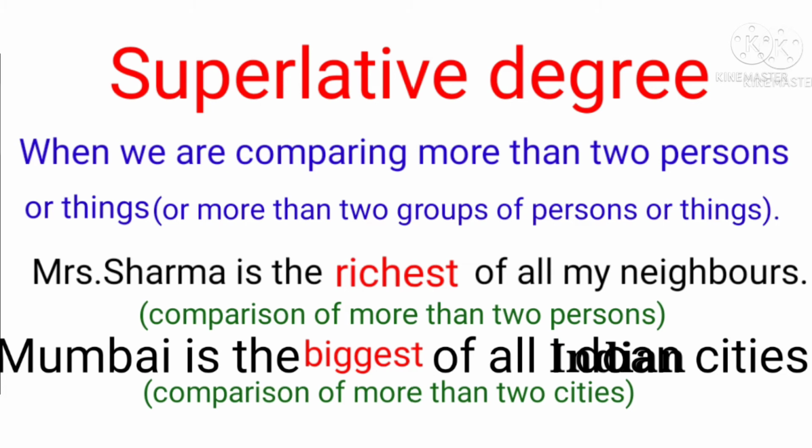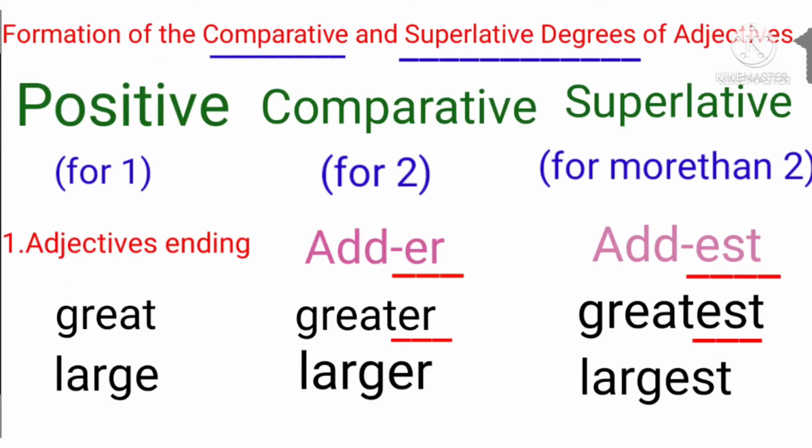Okay, so I hope the difference between positive degree, comparative degree and superlative degree is clear to you. Now let's move towards the formation of the comparative and superlative degrees of adjectives. How do we frame these degrees when we are framing sentences?